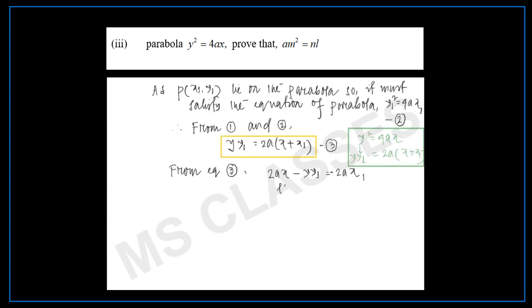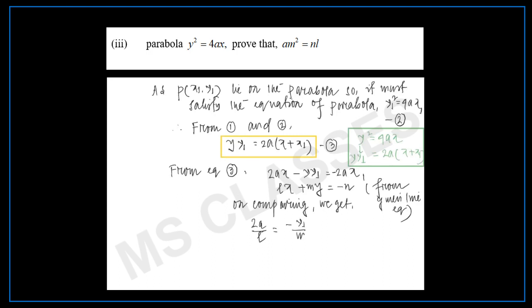Now we compare with lx plus my equal to minus n, the given line equation. On comparing, we get 2a by l equal to minus y1 by m equal to 2ax1 by n.